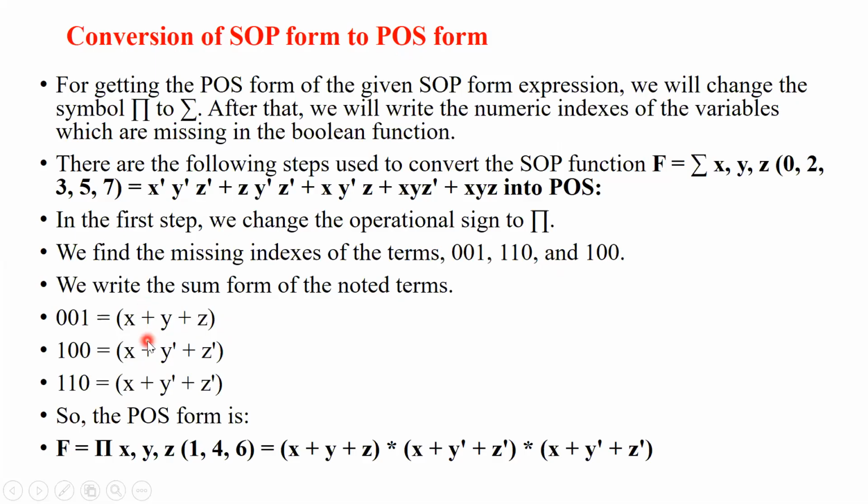There is a mistake. Wait. 1, 0, 0. So 1, this will be x dash, y dash, z. Corrected. Then we have 1, 0, 0. So x plus y dash plus z dash. Then 1, 1, 0. These two have been interchanged. No, this is a mistake.